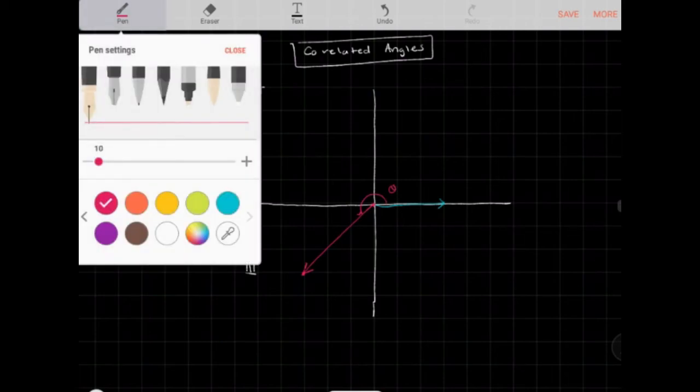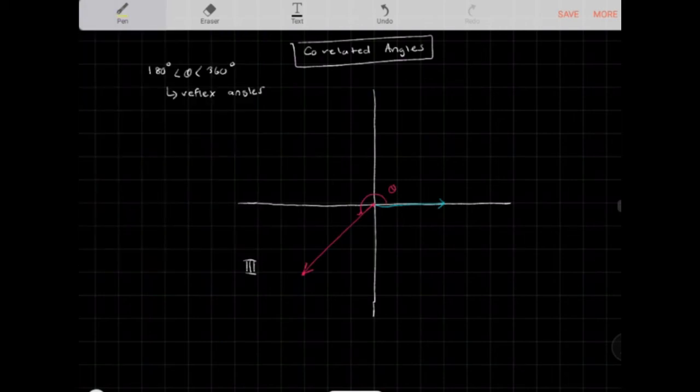The way we do this is we need to find a related acute angle. The related acute angle has to be created with the x-axis in question, and basically we're going to project this initial arm here. So this is the value of your related acute angle, beta. Remember that beta here is your related acute angle.